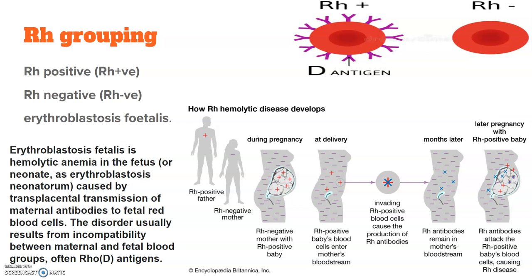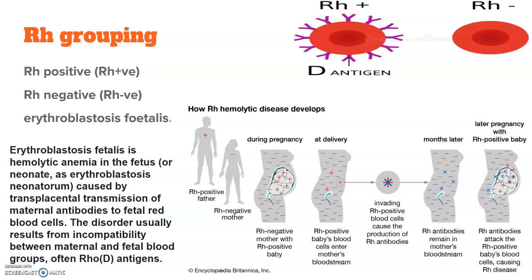But during the delivery of the first child, there is a possibility of exposure of the maternal blood to small amounts of Rh positive blood from the fetus, and in such cases the mother starts preparing antibodies against this Rh antigen. In her subsequent pregnancies, the Rh antibodies from the mother can leak into the blood of the fetus and destroy the RBCs.